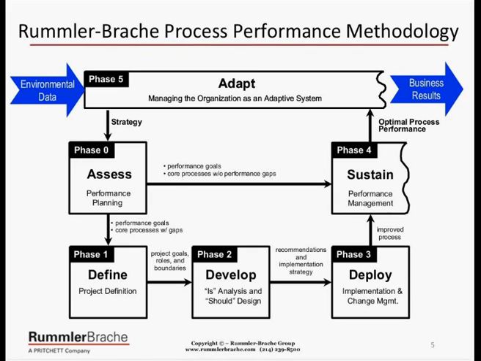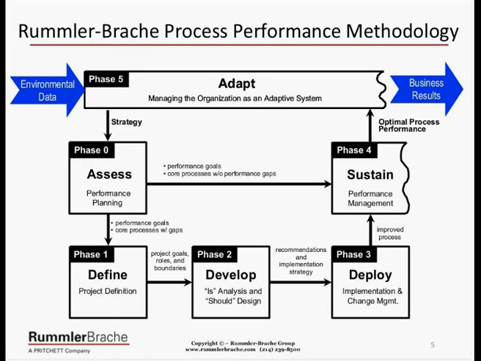And this is going to be based both on the strategy of the organization, where does it want to go, where does it need to be, and its current situation, internally and externally, what we would call the environmental data. That allows you to select processes that need improvement versus processes that perhaps are good enough for now.